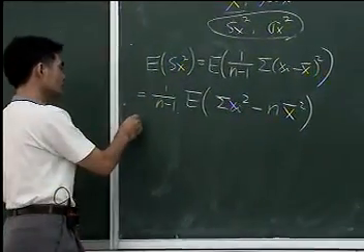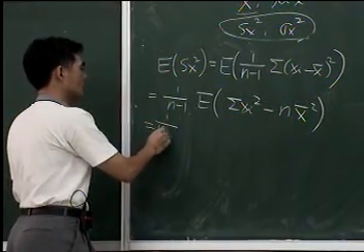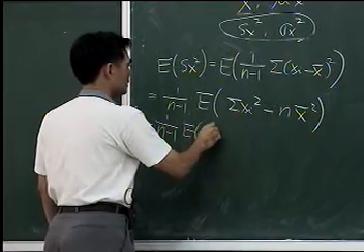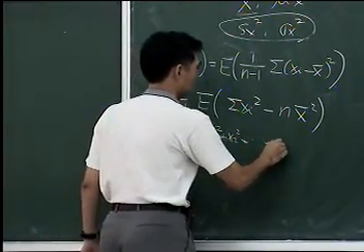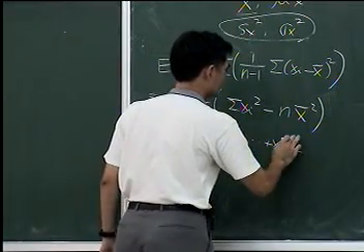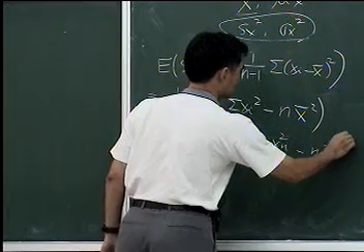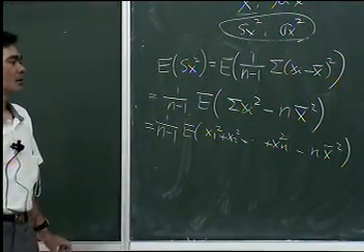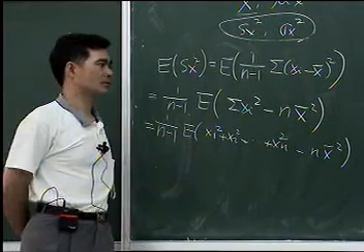Okay. Now, what do we get? We get 1 over n minus 1 times the expectation of x1 squared plus x2 squared plus up to xn squared, minus n x bar squared. Now, the question is, do you still remember this?